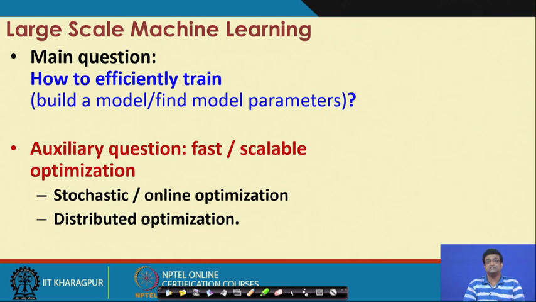So, then the question becomes how to solve the optimization problem in a scalable or fast manner, and we will look at two broad classes. One is the stochastic or online optimization, and the other is the distributed optimization.